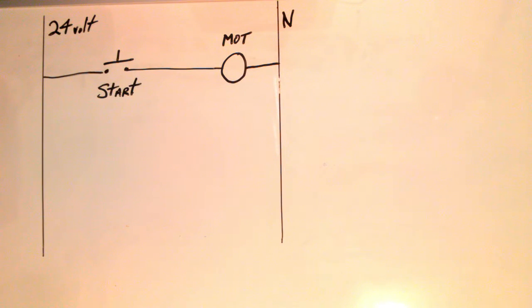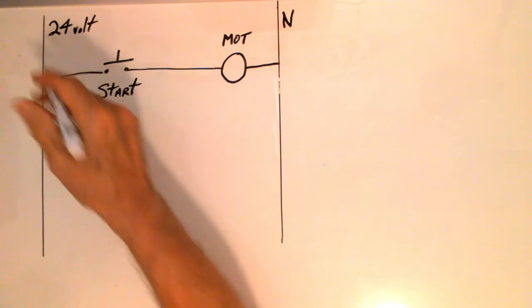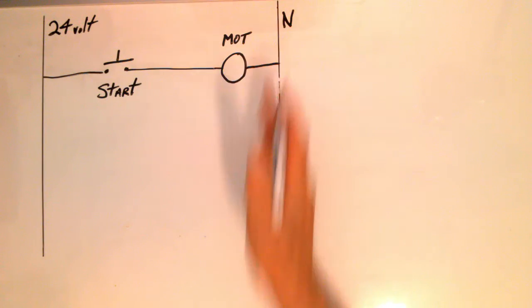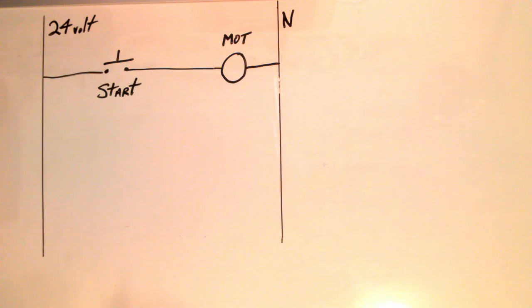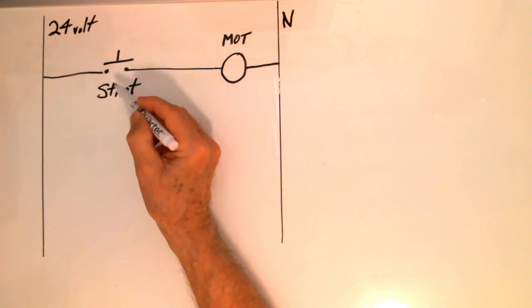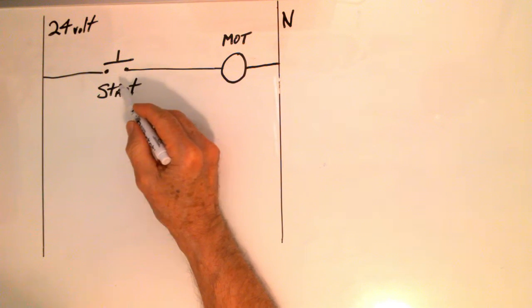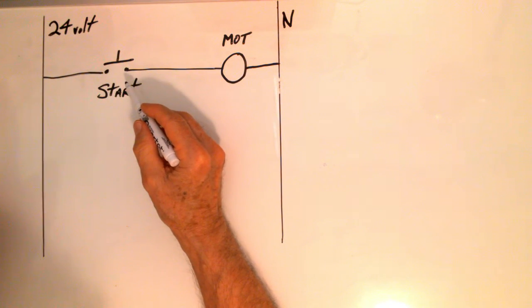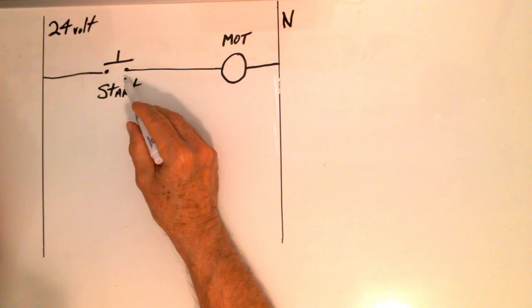Now the ladder logic, you see this looks like a ladder. I've got a ladder rail here, a ladder rung right here. The MOT coil is the output, and for this circuit we only have this push button for the input.